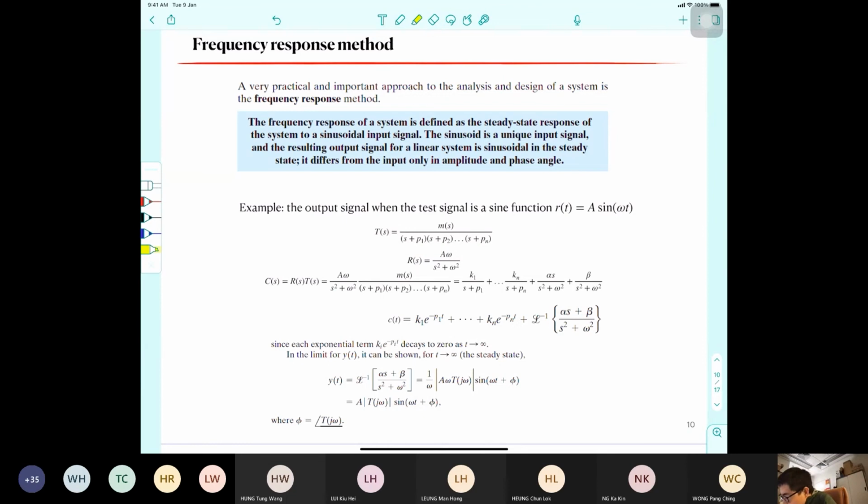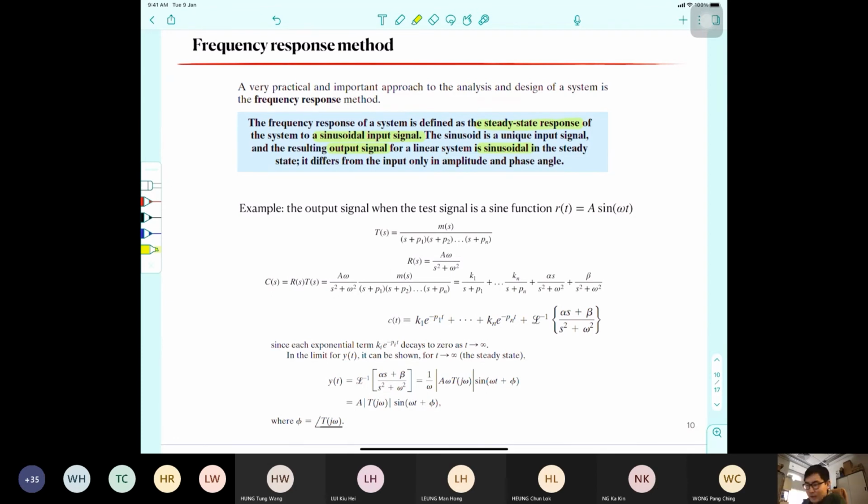So frequency response is the steady state response of a system. The input is a sinusoidal input. The output is also sinusoidal in steady state, right?